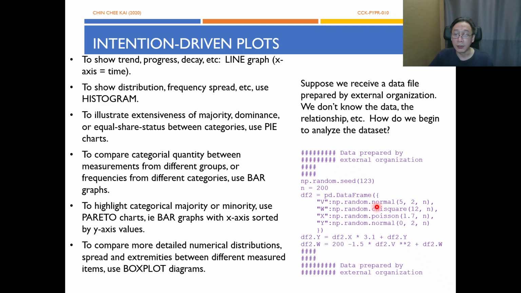So give me a list of random numbers following normal distribution, centered with a mean of 5 and standard deviation of 2. Let's call that a set of 200 numbers, V. Then we generate again 200 random numbers with a chi-square distribution, call it W, Poisson distribution, call it X, and normal distribution again, call it Y, but with different mean 0 and standard deviation 2.